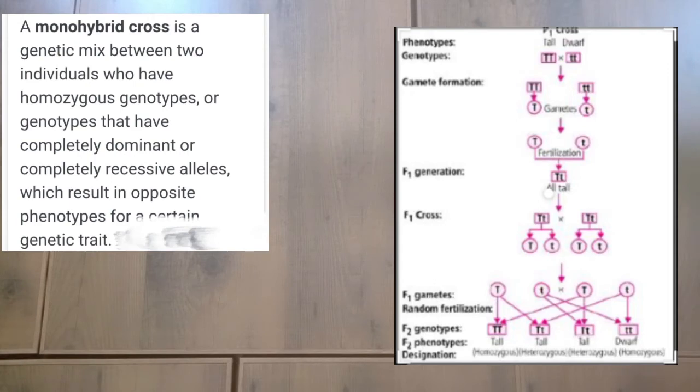When these are crossed, in the F2, the progeny that we get are capital T capital T, capital T small t, capital T small t, small t small t. So, capital T capital T represents pure tall, capital T small t, hybrid tall, again capital T small t, hybrid tall, and small t small t is short.